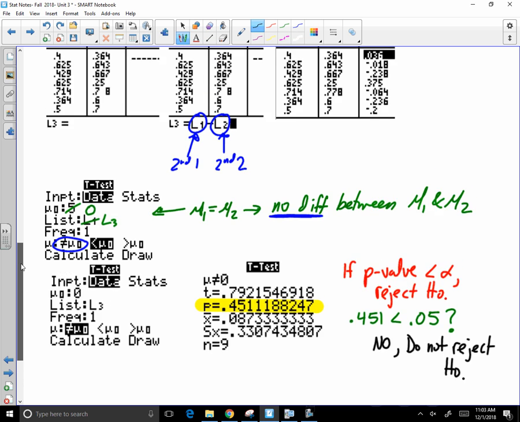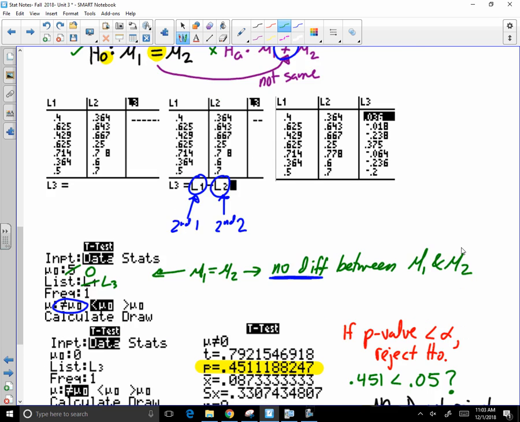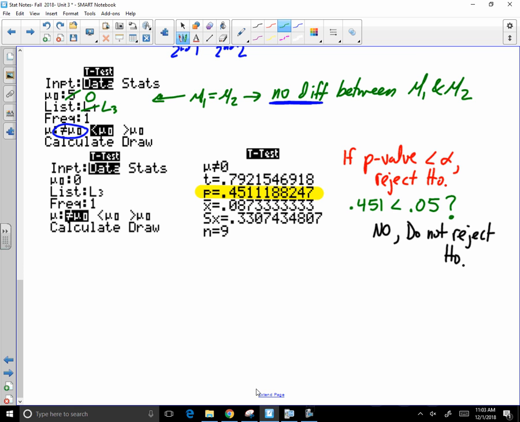So we keep H0 and we kill the HA. All right, so don't reject the null hypothesis. That means that we're keeping the null hypothesis. We're discarding the alternative hypothesis.